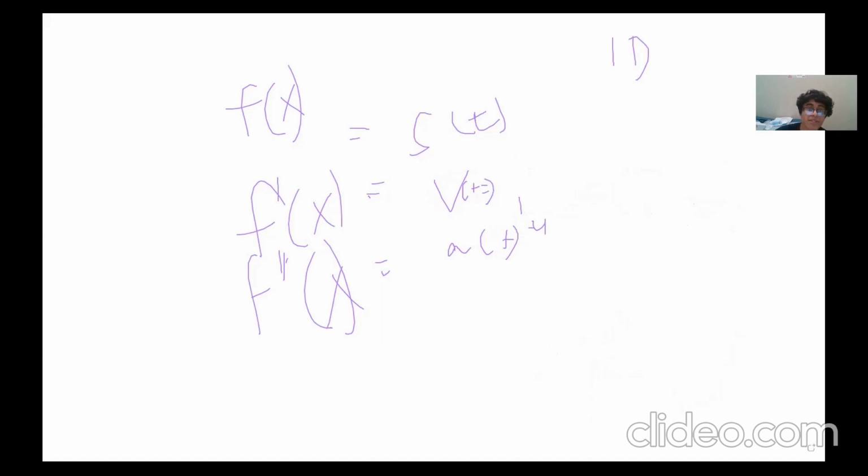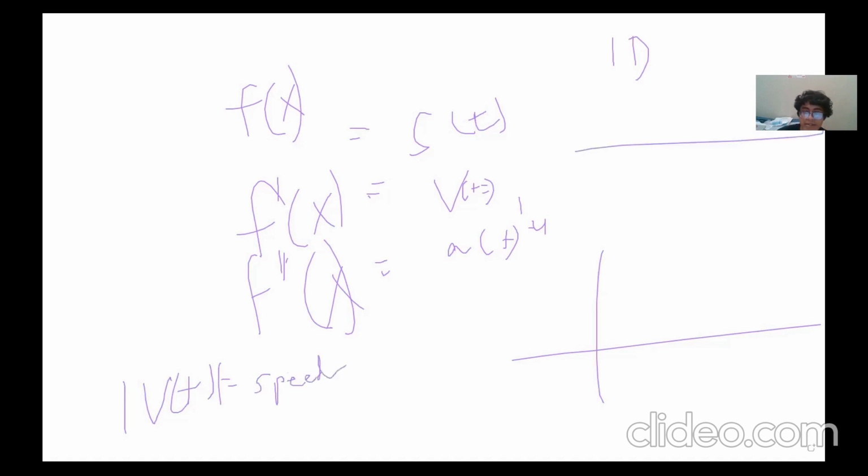But one other thing to remember: when velocity and acceleration have the same signs, the particle's speed is increasing. What is speed? Speed is the absolute value of velocity in 1D. This is restricted to 1D, meaning you could be moving to the right or to the left, and the speed is just the absolute value, not looking at the sign, looking at the magnitude.